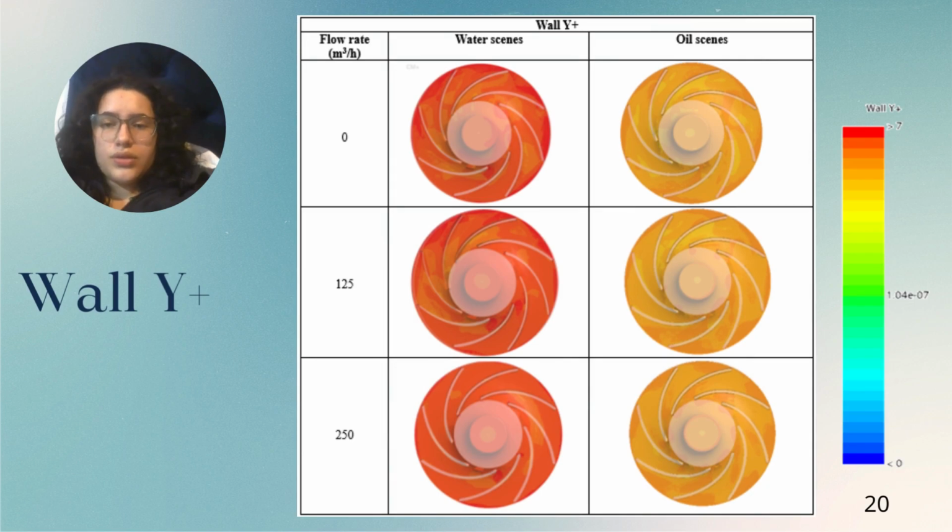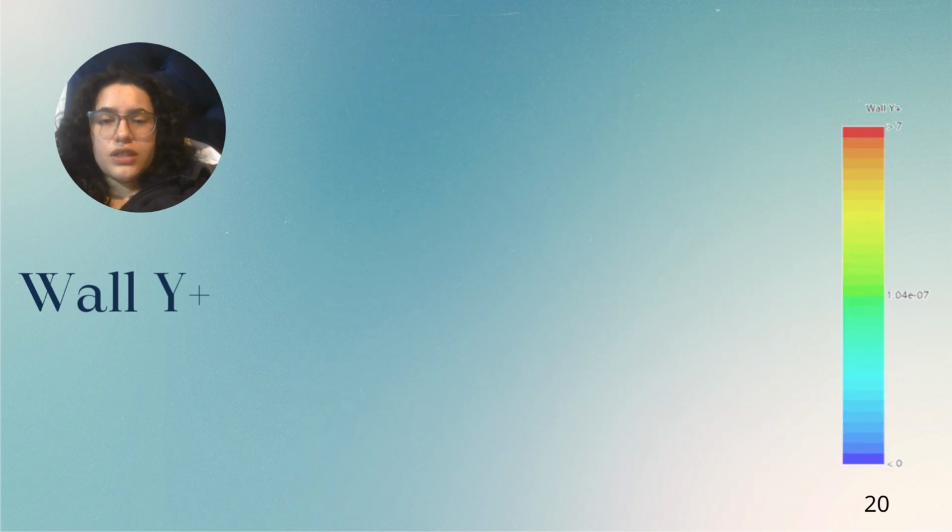Now we have the Y Plus. The Y Plus is a measurement that provides information about the resolution of the boundary layer and the influence of fluid viscosity in the vicinity of the wall, where the fluid moves slower due to the friction with a solid surface.